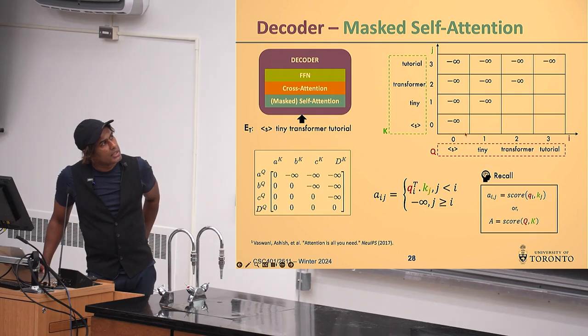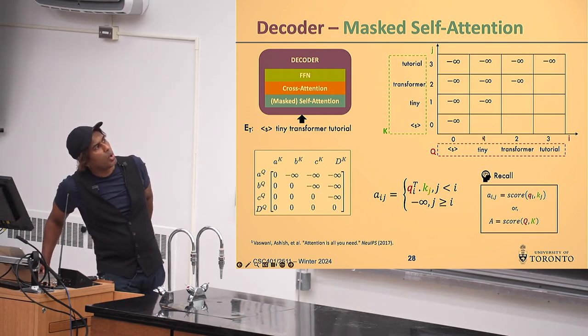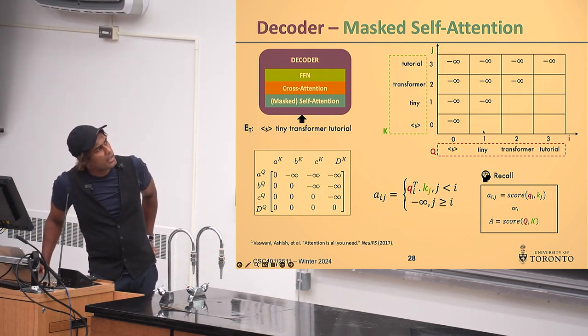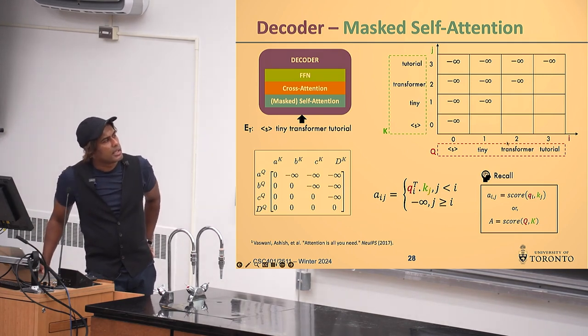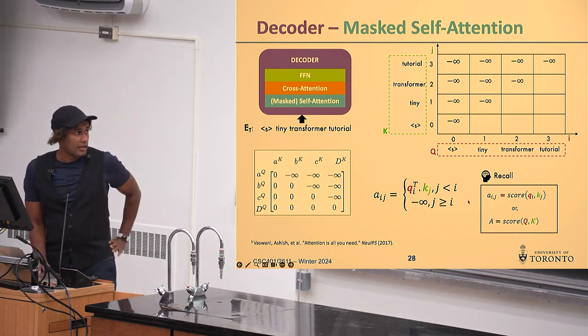And then you can see that if you take the x-axis to be I, the query values, if you're at I equals 1, then it can only look at values that are less than 1 on the y-axis, so it can only look at the start token. If you are at tutorial, then you can look at all the values less than 3, so transformer tiny s, which is reflected on the y-axis. So that's basically the idea.